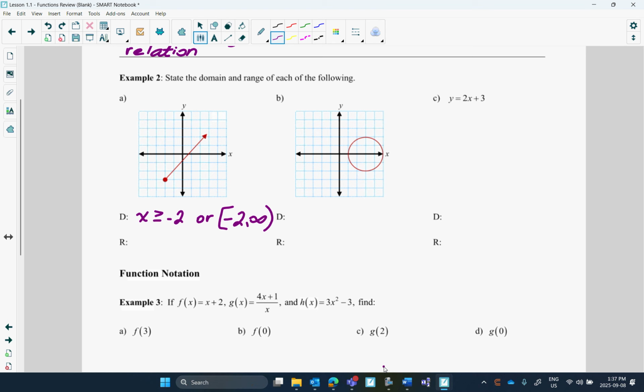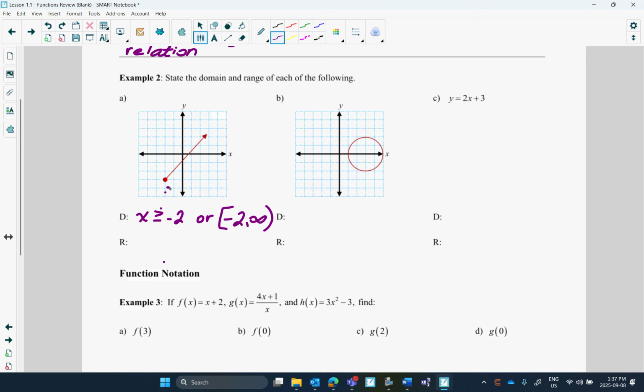When we use interval notation, you look at your graph and you say, okay, where's the furthest point to the left? Well, it's here. What's its x value? -2. So that's my starting point. Bracket means I include -2 because there's a filled in circle there. And then I say, okay, what's the furthest right value?